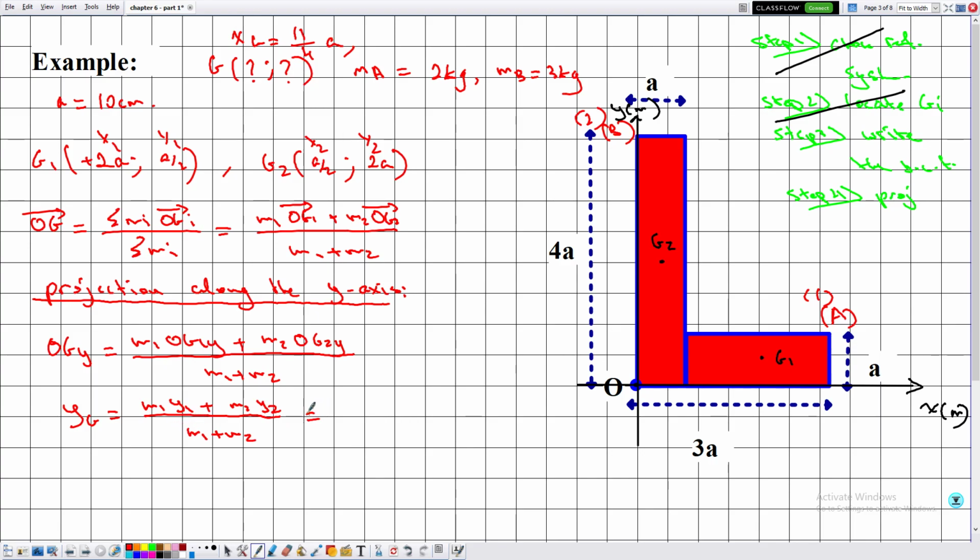So the value of m1, which is ma, is given by 2, the value of y1 is a over 2, and m2 is given by 3, and the value of y2 is given by 2a, divided by 2 plus 3. Taking a as a common factor, we are left with the following fraction. So 1 plus 6 divided by 5 multiplied by a, so it's equal to 7 over 5 multiplied by a. Then yg is given by 7 over 5 multiplied by a.